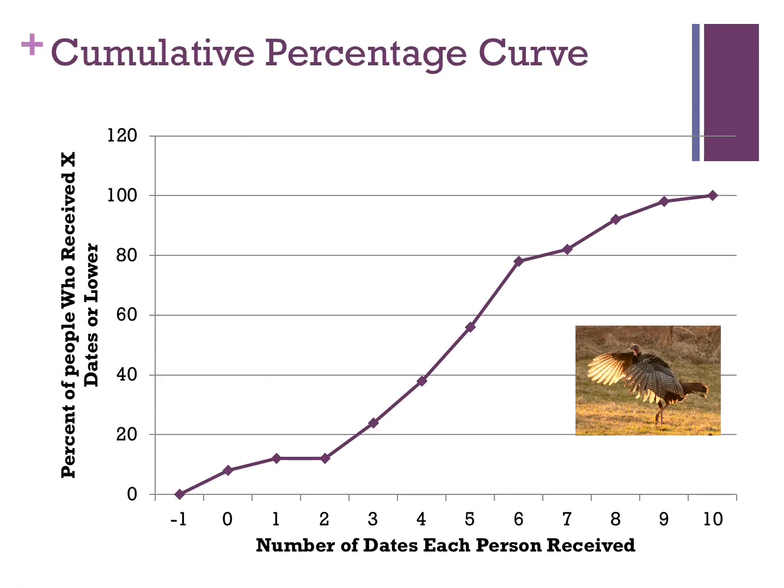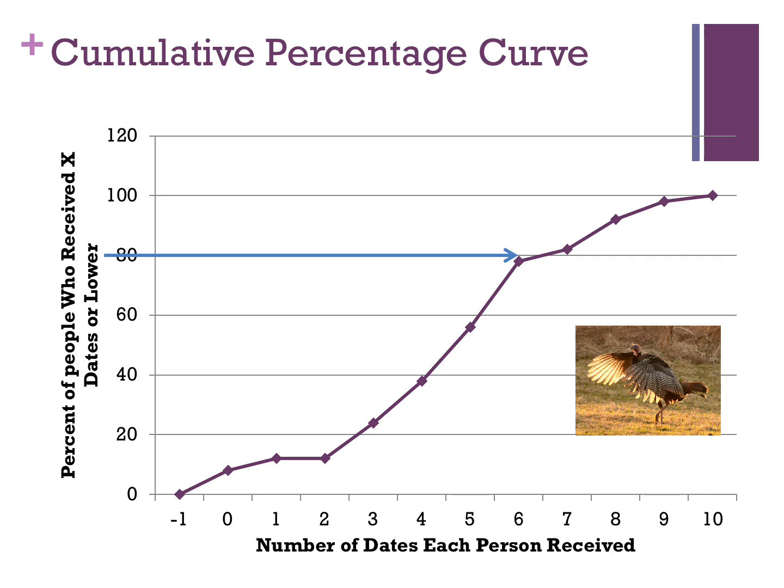Recall a cumulative percentage curve from a prior unit. The scores on the x-axis are the number of dates each person received. The y-axis, you remember, provides the percent of people who received a value of x or lower. If we start at the cumulative percent of 80 and move our eyes across the graph to the curve, then drop our eyes down from the curve to the x-axis, we see a 6 on the x-axis.